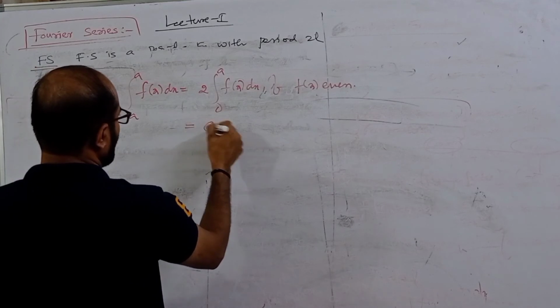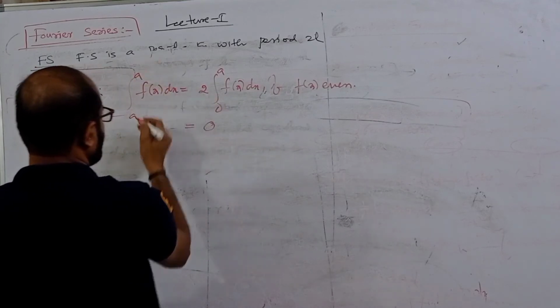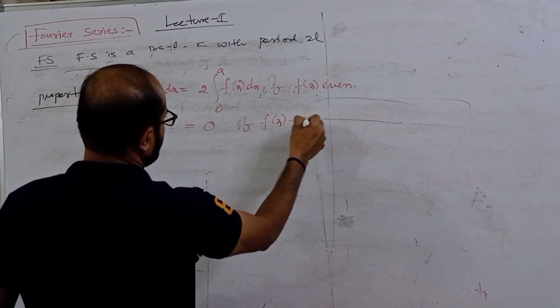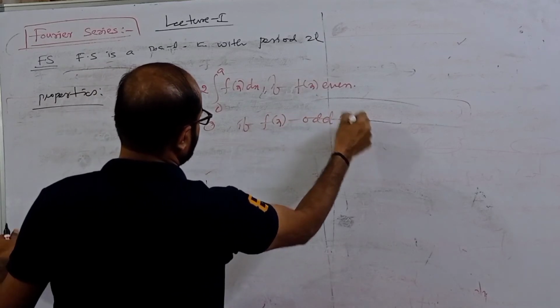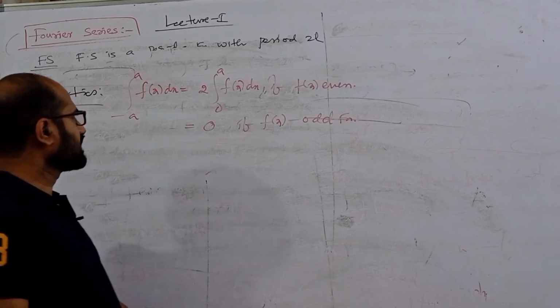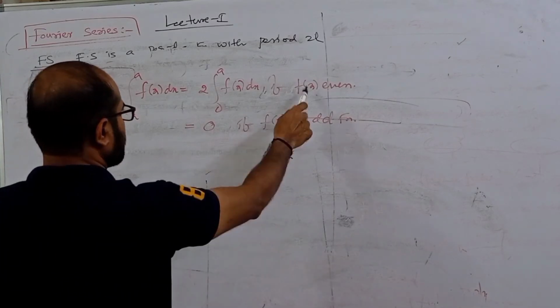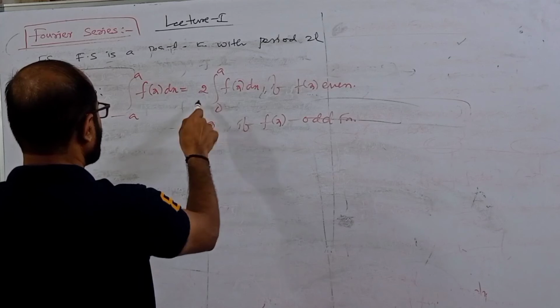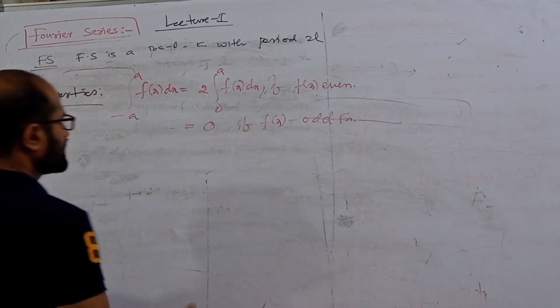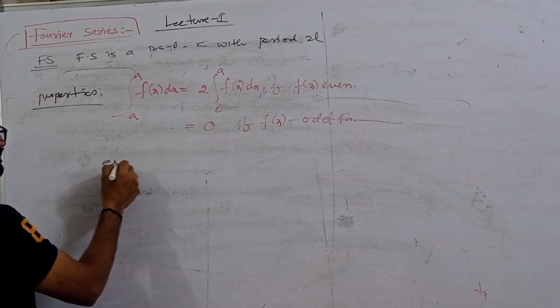And this value is 0, the integral from minus a to a of f of x dx is 0, if f of x is an odd function, right? If f of x is an odd function, the value is 0. If f of x is an even function, then this value is 2 times the integral from 0 to a of f of x dx, right?